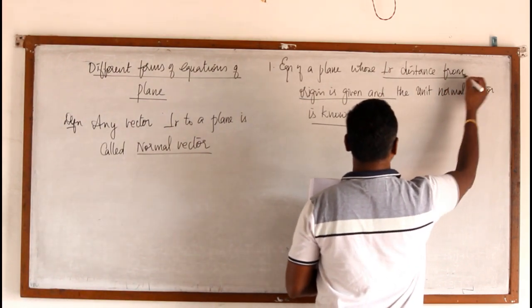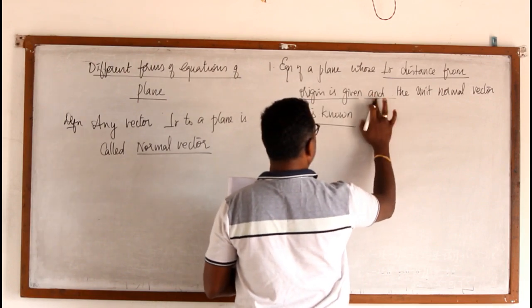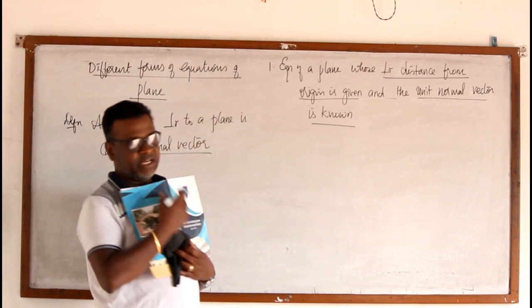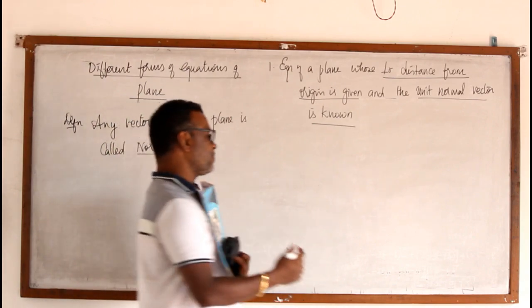So perpendicular distance from origin is given and the unit normal vector is known. Then we can write the equation of a plane.